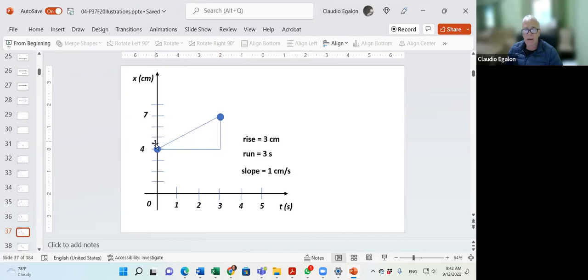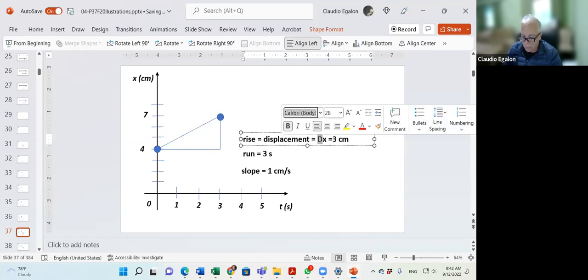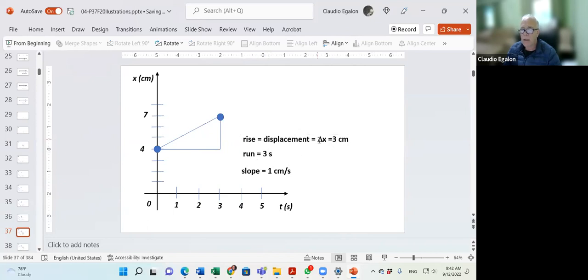Because it's x final minus x initial. Let's write it down. Rise is displacement. I can also write it down as delta x. The run is what? Delta t, right?